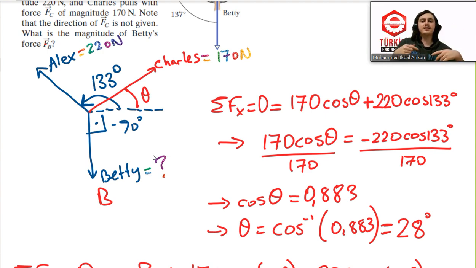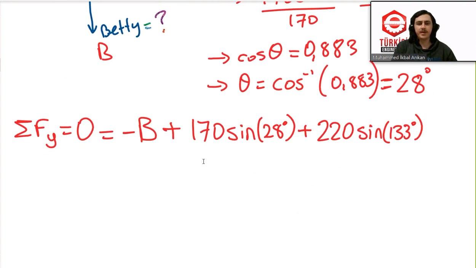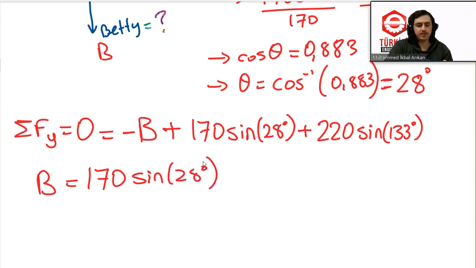And in the y-axis, we have three components. Alex and Charles, upward, are balancing Betty's downward force. So we will calculate for B. You will see that this will go to the other side, so B will be equal to the summation of these two forces.